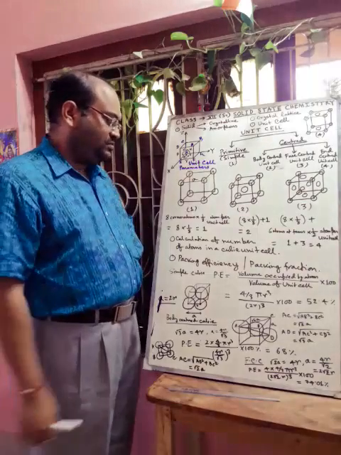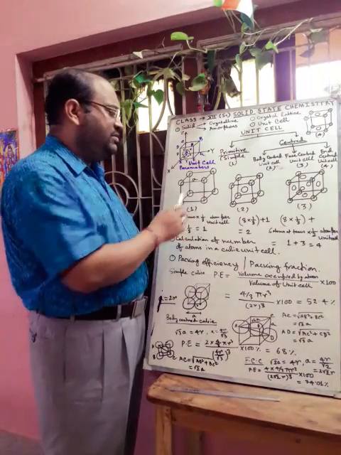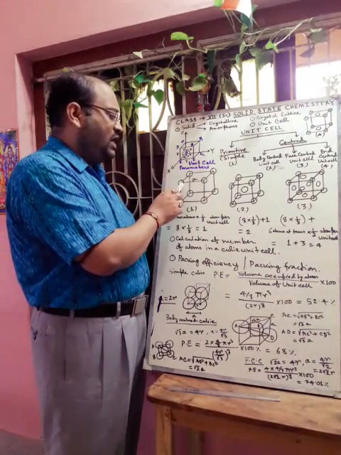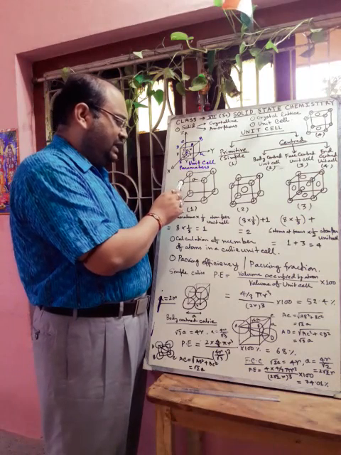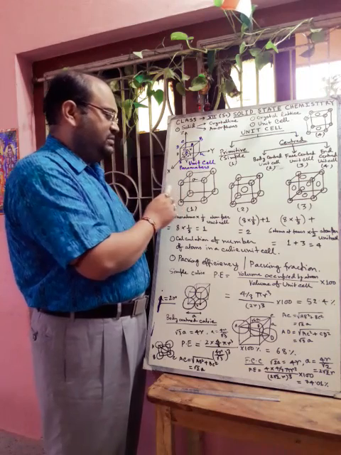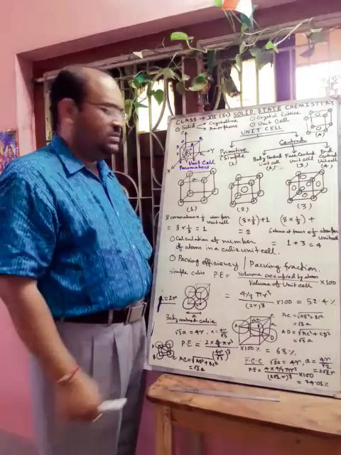unit cell. Suppose if we think about the simple or primitive unit cell, then if we think about one particle or one atom at the corner, this corner is shared by 8 unit cells.